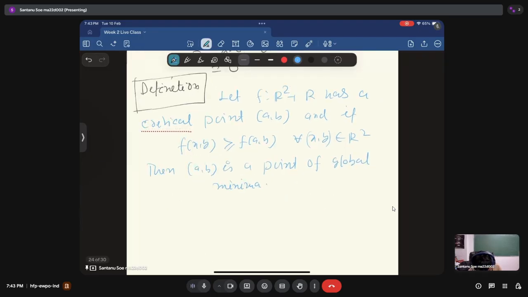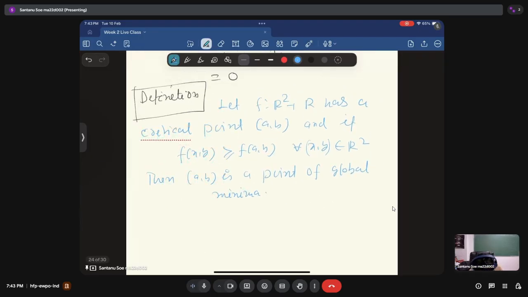Okay, so here you don't necessarily need a comma b to be a critical point. If f(x, y) is greater than or equal to f(a, b) for every x and y in R2, then we can say that the point a comma b is a point of global minima.